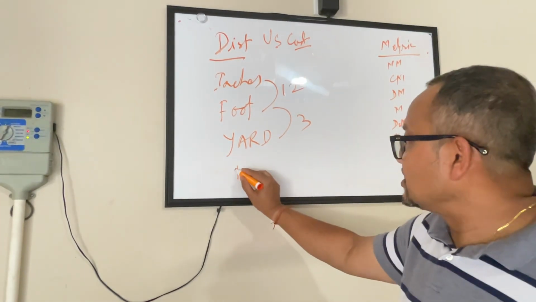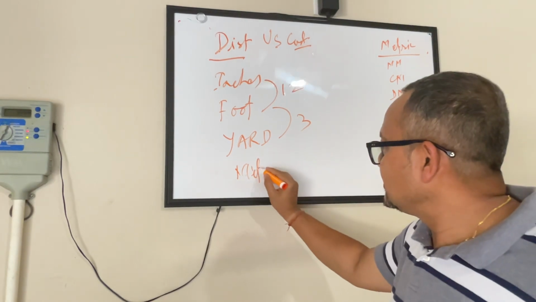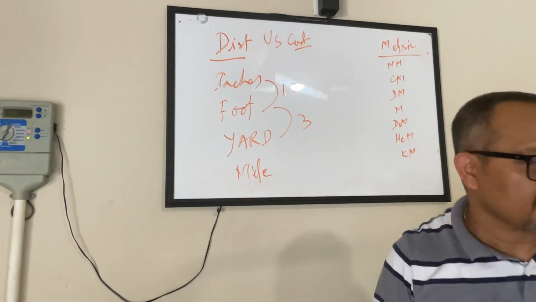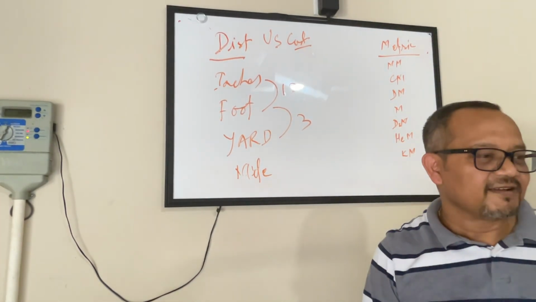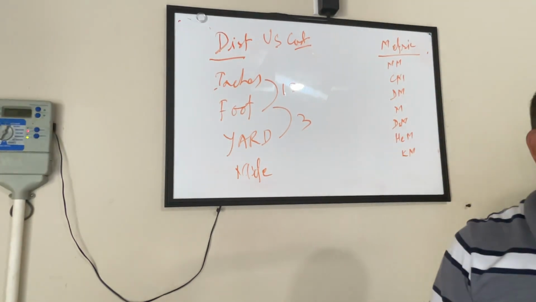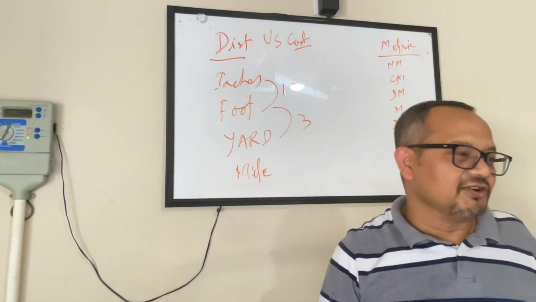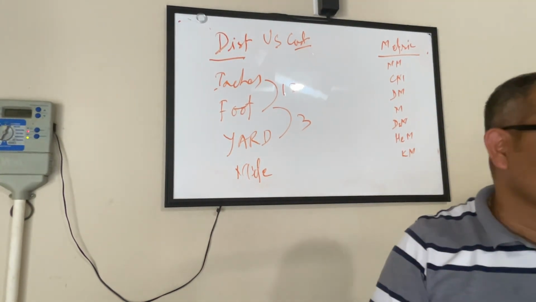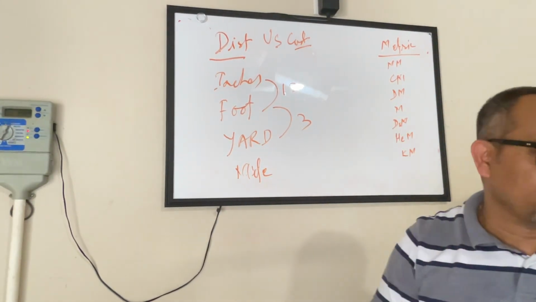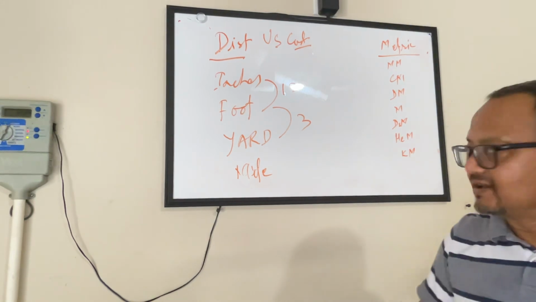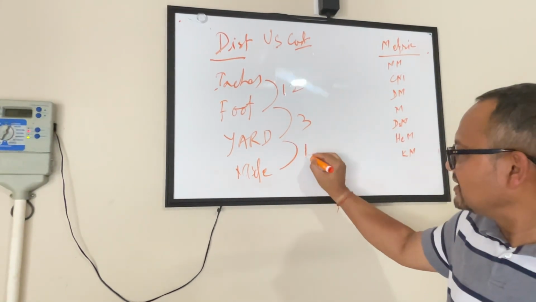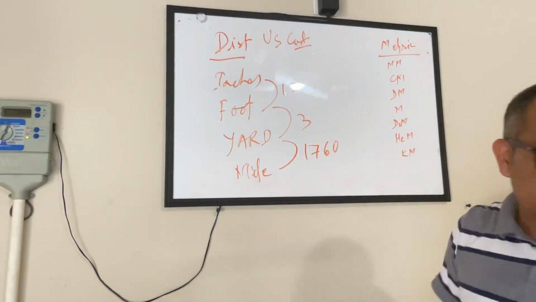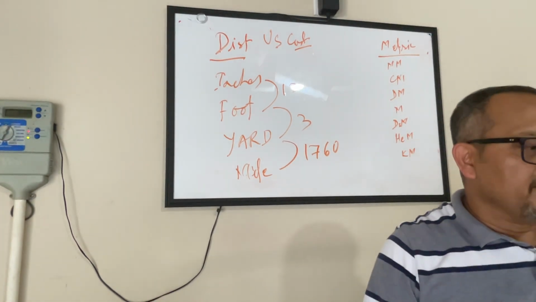How many yards make 1 mile? Who will tell me? You said you remember, Kavya. I also said I remember. But did I forget? 1760 yards make 1 mile.